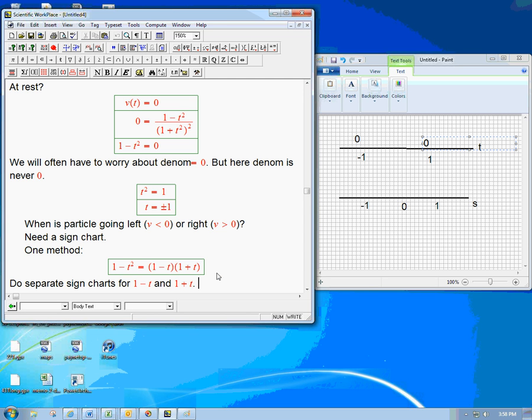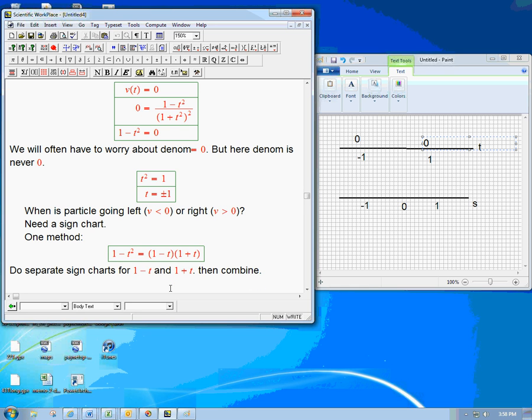Those are very simple because they're just linear functions. Okay, then combine them. Okay, so that's a strategy that some people were using before on a similar problem.